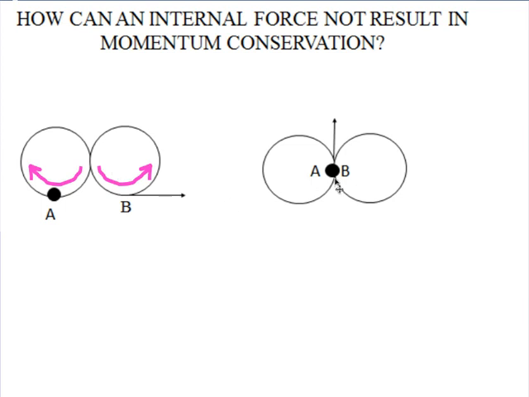Now I take the same two merry-go-rounds and I have the people standing right next to one another here. Person A gives B a shove, doesn't even need a pole to do it, which pushes on B, produces a torque and makes B start spinning this way. But of course if A pushes B, B pushes A, which makes A start spinning that way. Take your right hand. What is the direction of this angular momentum? And what is the direction of that angular momentum?